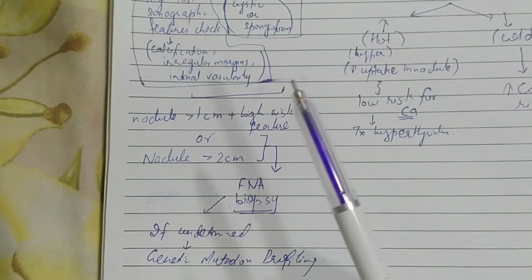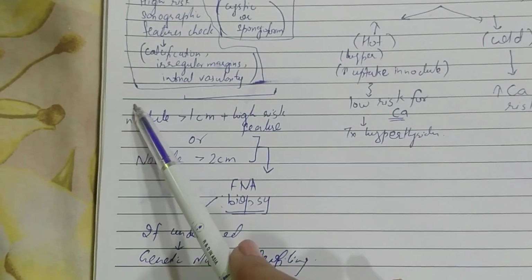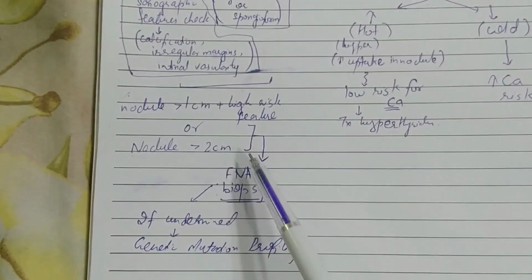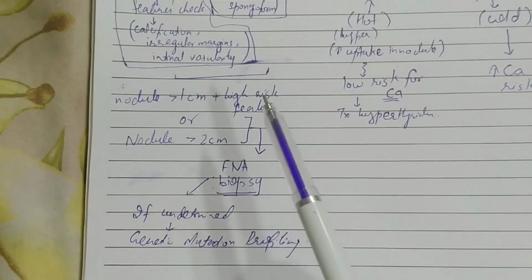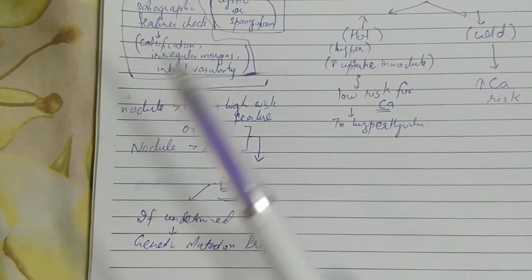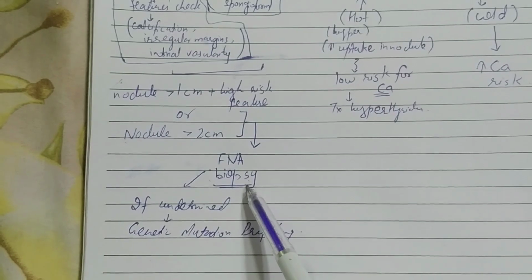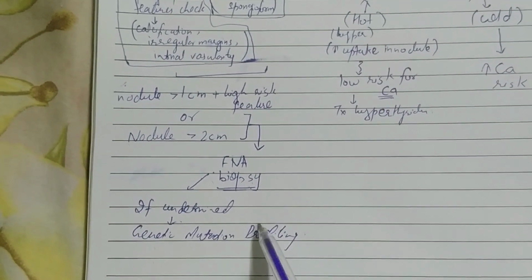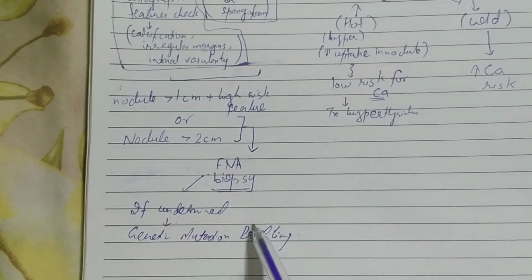FNA biopsy mostly tells us what the thyroid nodule is, whether it's cancer or not, because these are high risk suspicions. If the FNA biopsy shows papillary or medullary changes, that tells us the type of cancer. If the FNA biopsy is undetermined, then we check genetic mutation profiling, because there are some genetic mutations like BRAF, RET.